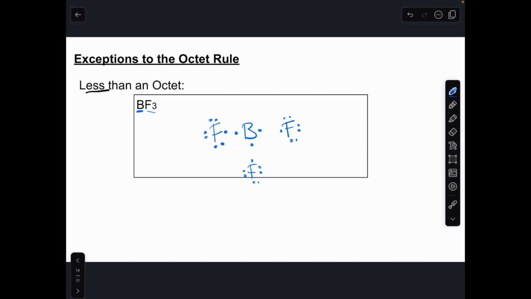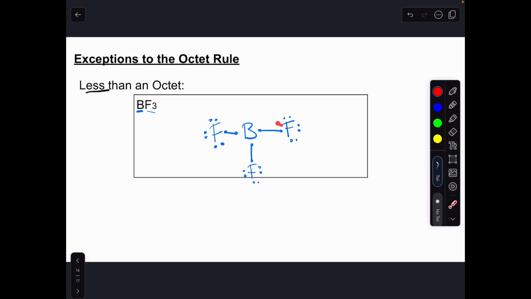Just like we always did, focus on the outside, then move inside. The fluorine, since it has 7 valence, just needs 1 more to achieve its full shell, which is what the outside ones are always doing. So all of these have their 8.